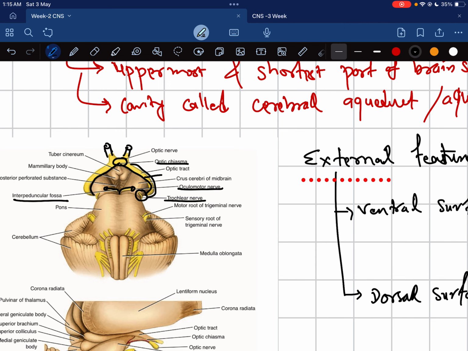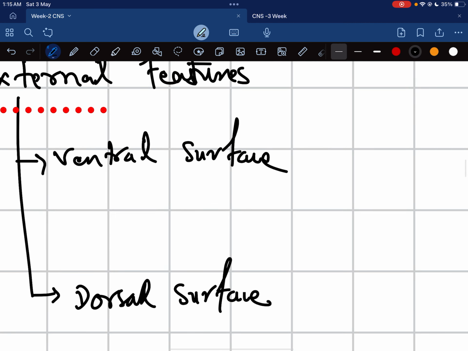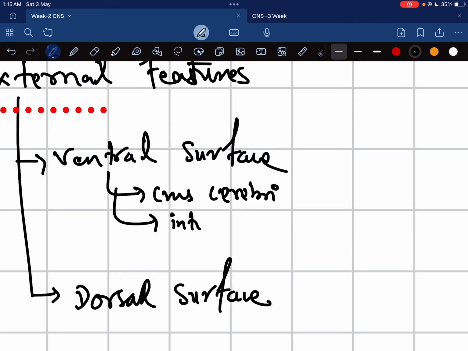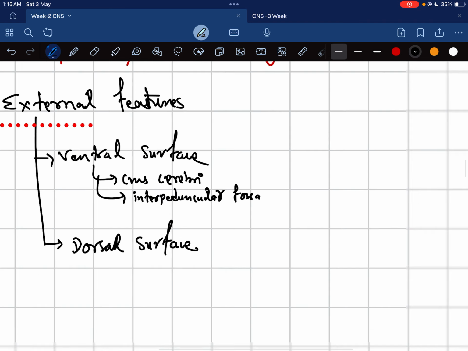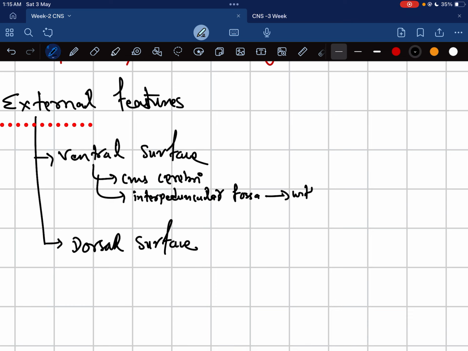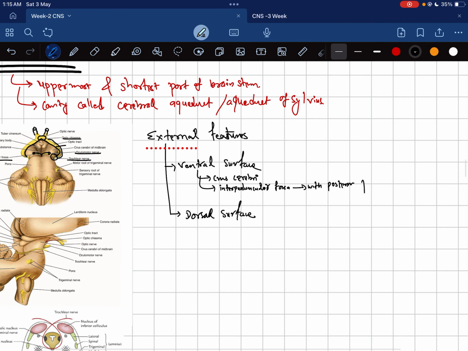On the ventral side we look at the crus cerebri, then the interpeduncular fossa with the posterior perforating substance, or perforated substance.